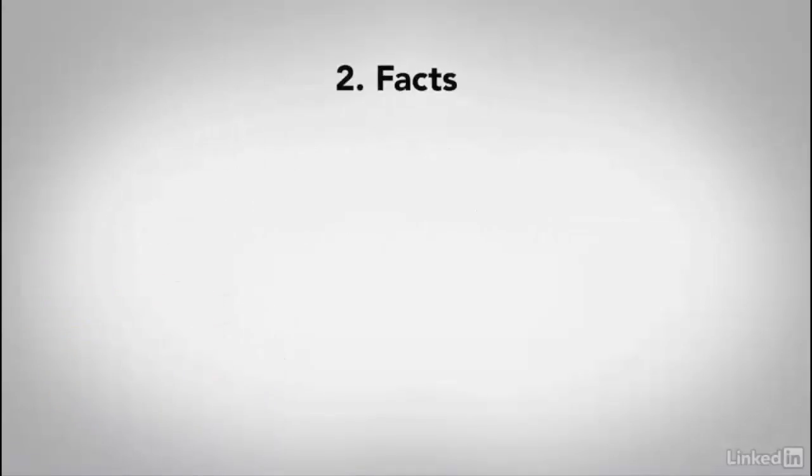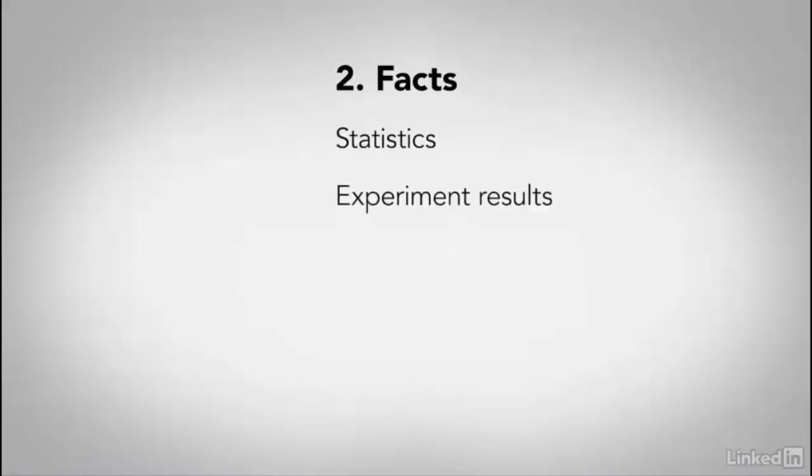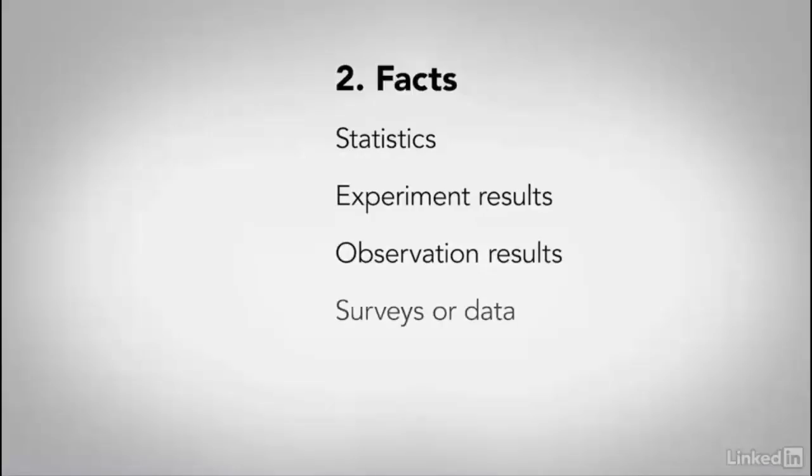Additionally, facts provide concrete supporting evidence. Facts are objective, proven. Facts, for example, include statistics, results of experiments, and the result of an unbiased observation, maybe based on surveys or government data. Look at these examples of facts from a homeschool fact sheet.